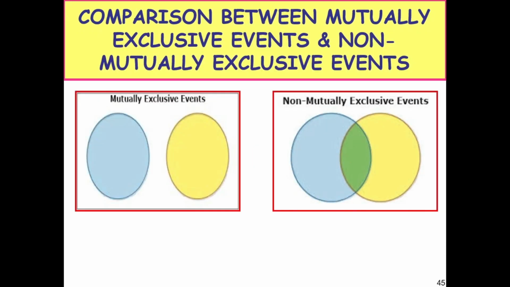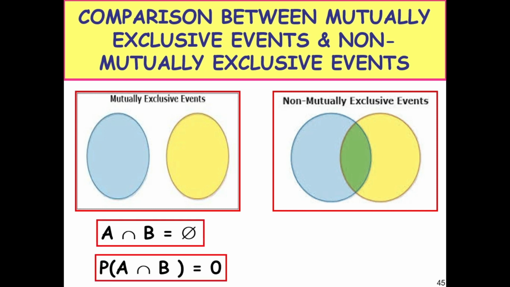Comparison between mutually exclusive events and non-mutually exclusive events. As you can see here, for mutually exclusive events, the intersection is an empty set and the probability of A intersect B is equal to 0.